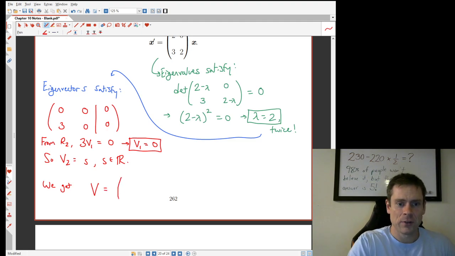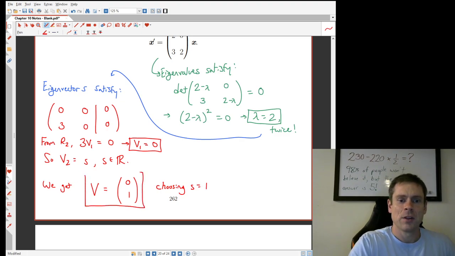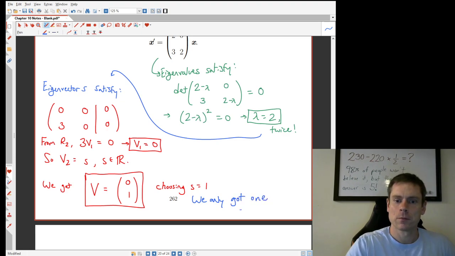V equals 0, 1, choosing s to be 1. Okay. So we only got 1, not like the last one. We only got 1 eigenvector.